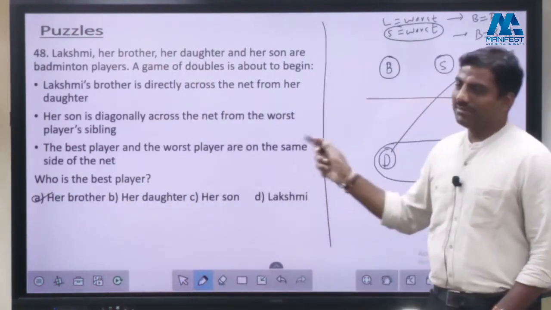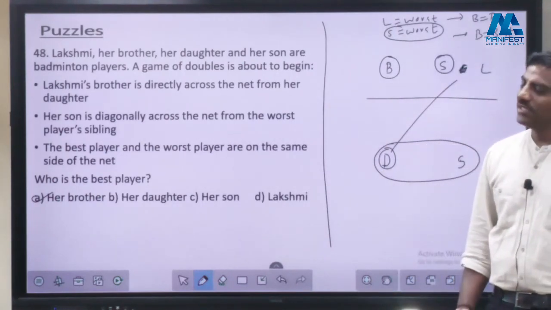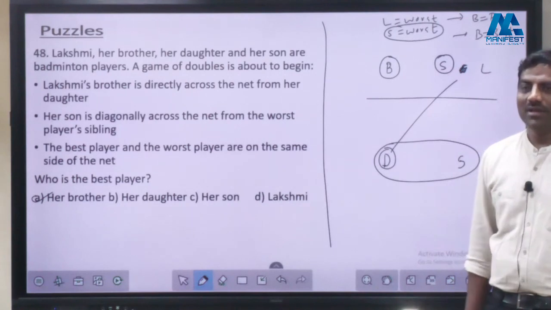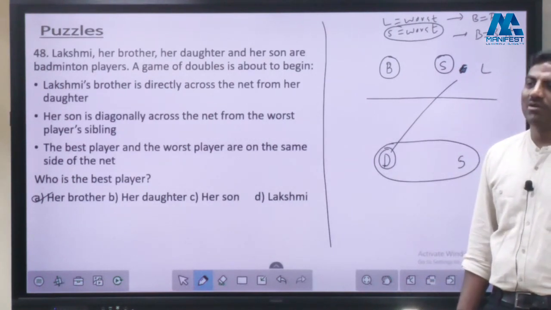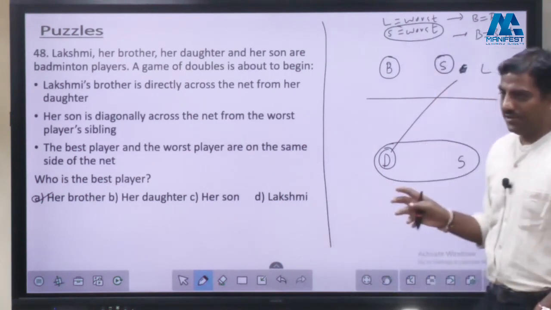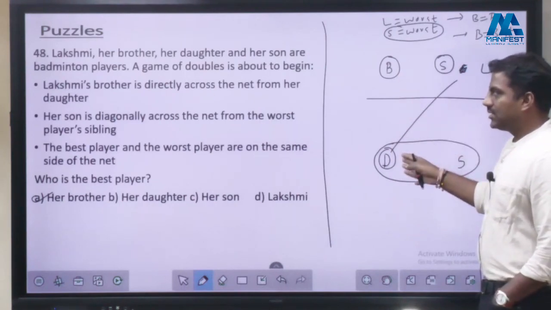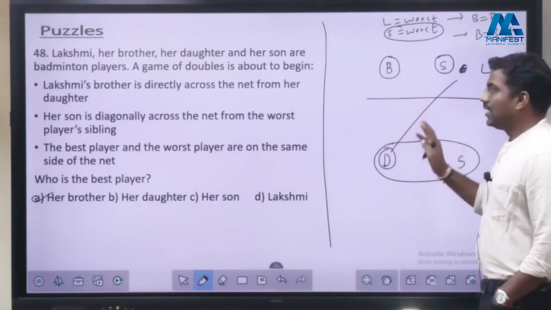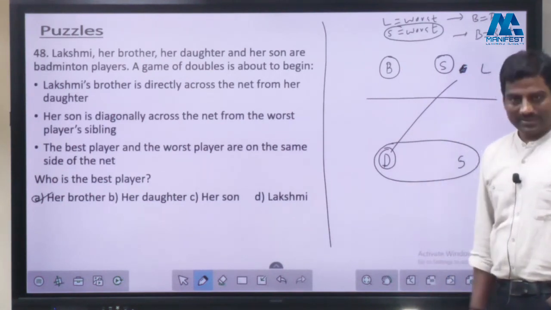I became a fan of this question when I saw it for the first time. Seriously, very top class question this is. And most of them have left the question, because they have to ascertain two things here. Across the net, you fix two persons. First, Lakshmi's brother across Lakshmi's daughter. Then you have only two places.